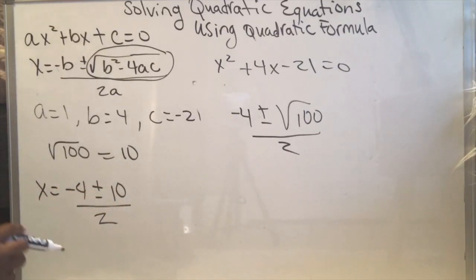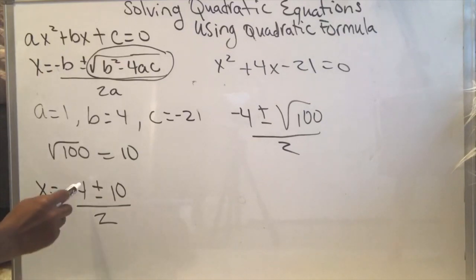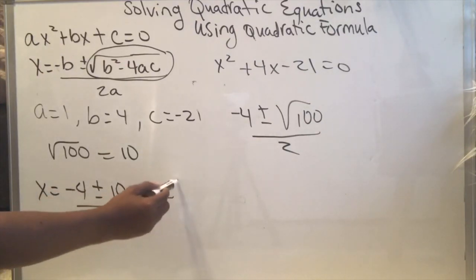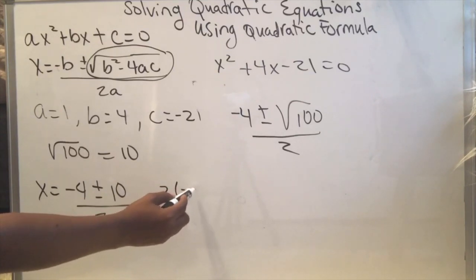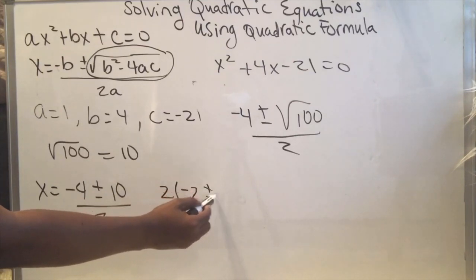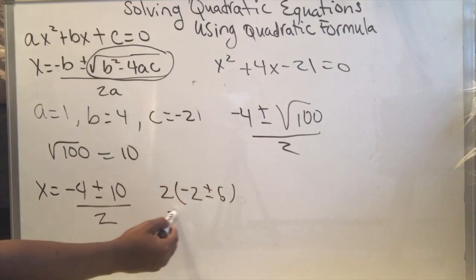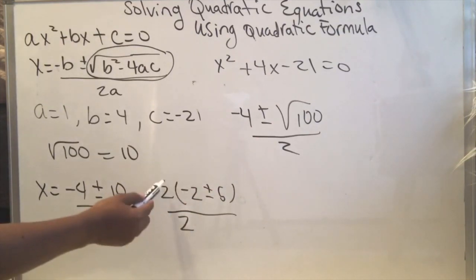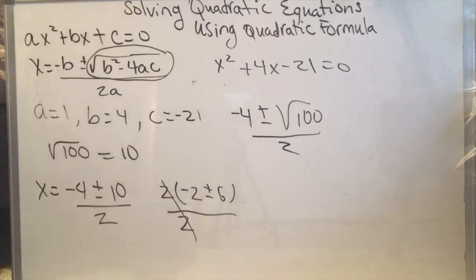But guess what? We can simplify this. 2 can go into each one of these. So I'm going to take a 2 out of the top. Negative 2 plus or minus 5. And I still have 2. So therefore, this simplifies. 2 divided by 2 is 1.